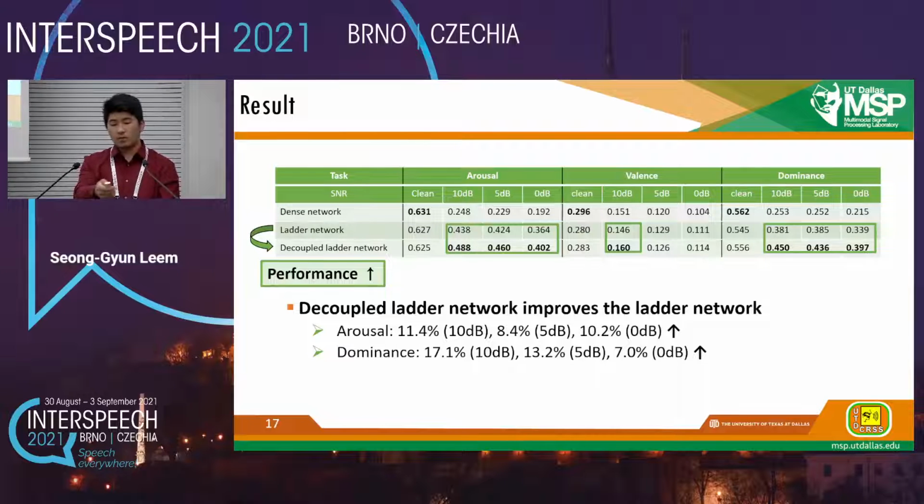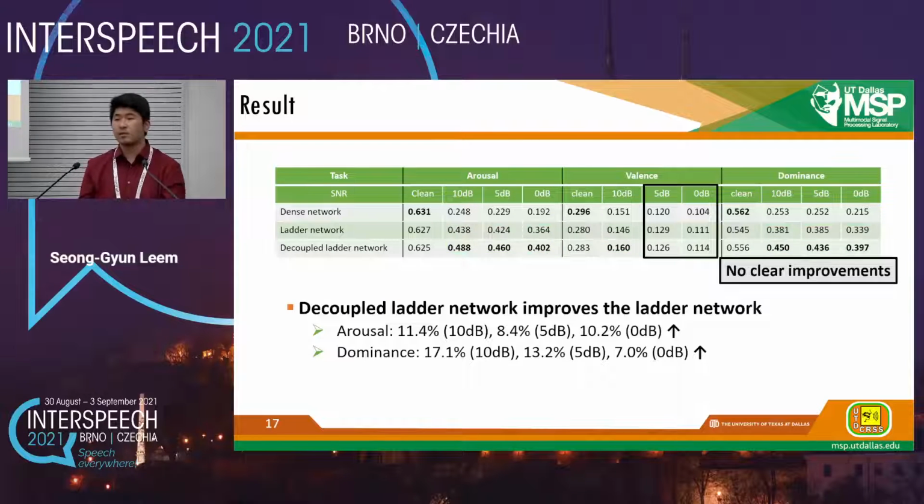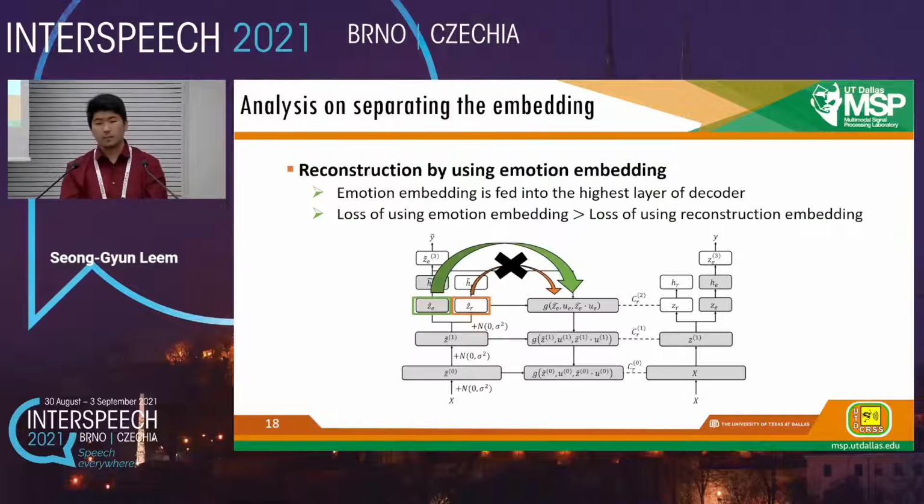But when you look at the valence prediction model, the improvement is not as clear compared with the other prediction tasks. So to get an idea of this result, I will introduce one of our analyses. In this analysis, we try to reconstruct the input feature by using the emotion embedding instead of the reconstruction embedding.